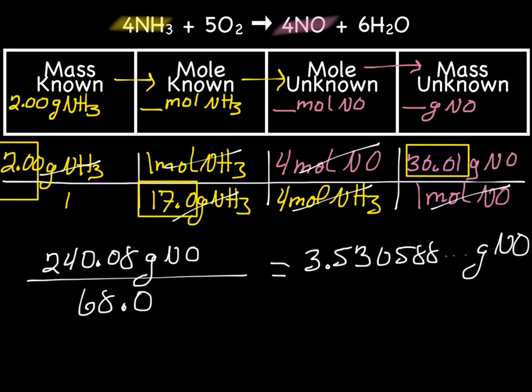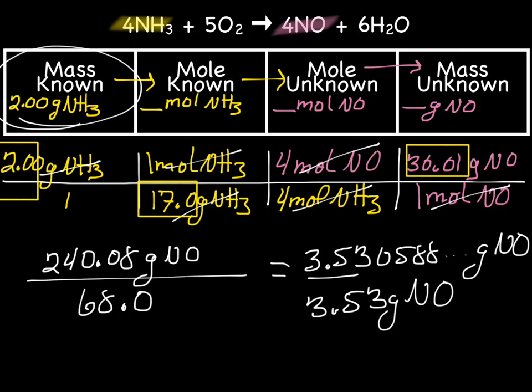So it looks like our answer needs to have 3 sig figs. So we can make 3.53 grams of NO using 2.00 grams of NH3.